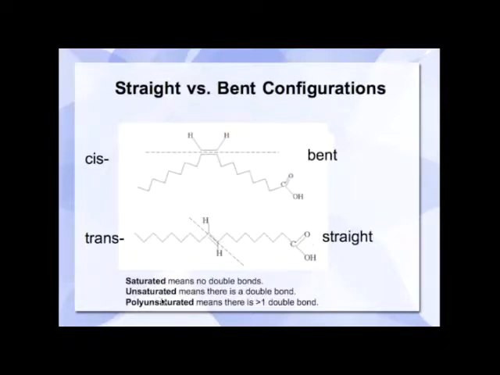The term unsaturated means that somewhere along the zigzag line there is a double bond, and this double bond can either cause the fatty acid to be in a bent cis configuration or a straight trans configuration. When a fatty acid is called polyunsaturated, poly means multiple. Polyunsaturated means there are more than one double bond within the zigzag region of the fatty acid chain.